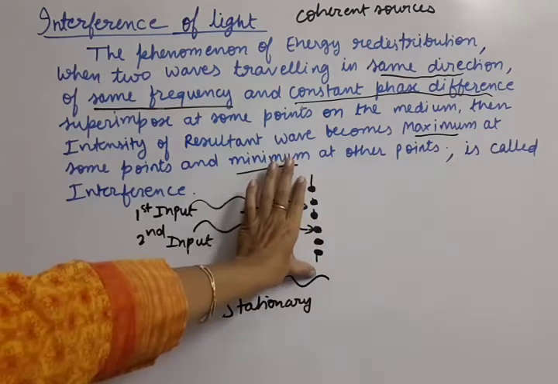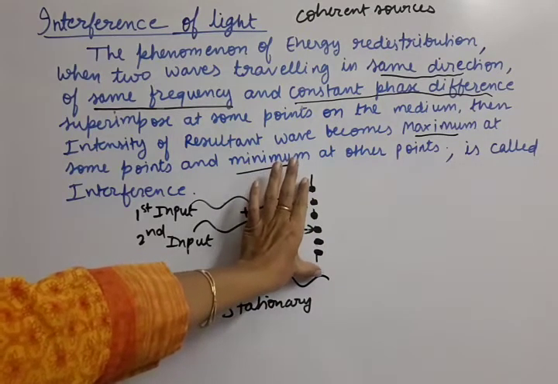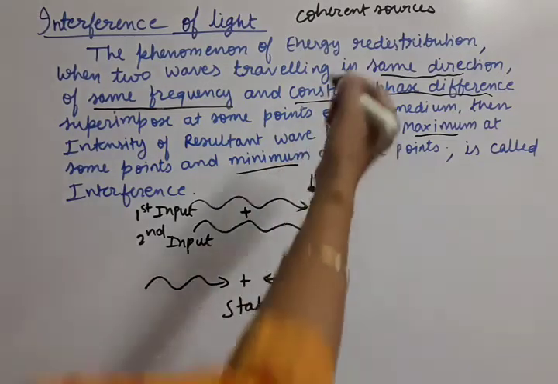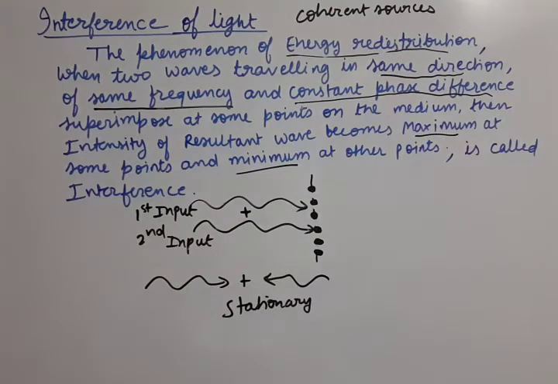This pattern or this phenomenon of energy redistribution is called interference. Now this is a very important term, energy redistribution. So if the question comes in exam, which phenomenon shows the energy redistribution in optics? So you will say interference of light.